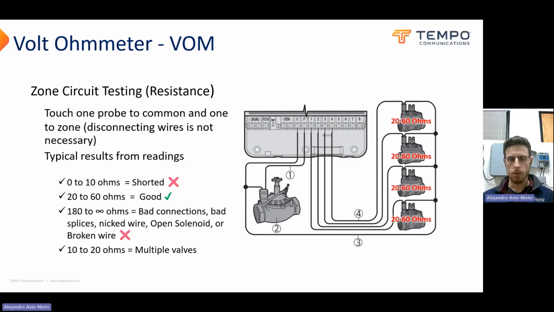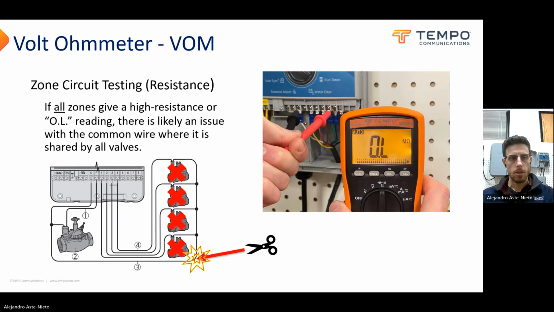So longer runs of wire will increase the resistance by a little bit. With smaller gauge wires, there's going to be a maximum distance that you can have a valve from the controller.